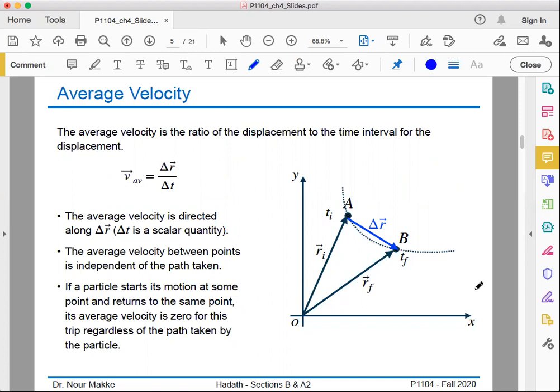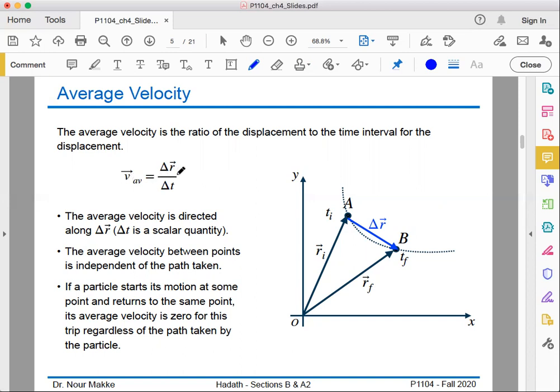given time interval. So if we take again the same example in here, so we have the particle moving in the XY plane between two initial time Ti and final time Tf, so between the position A and B, then we define the vector average velocity equals to the ratio between the displacement vector delta R and the time interval delta T. So the average velocity, as you can see here, is directed along delta R because since delta T is a scalar, so it's just a number, right?